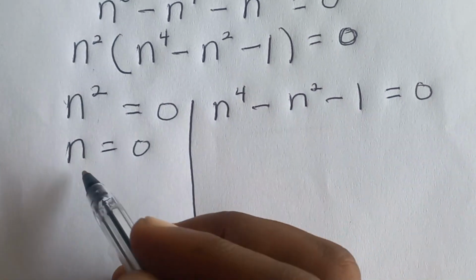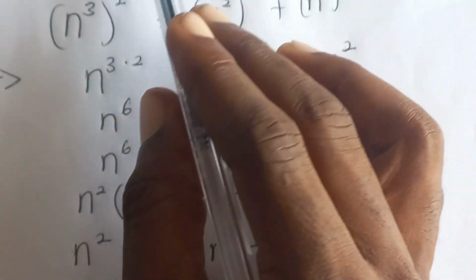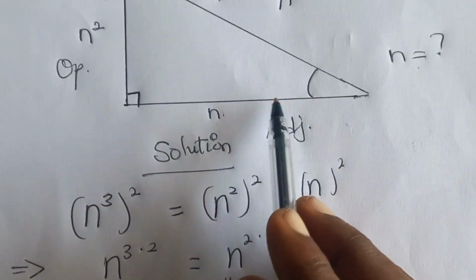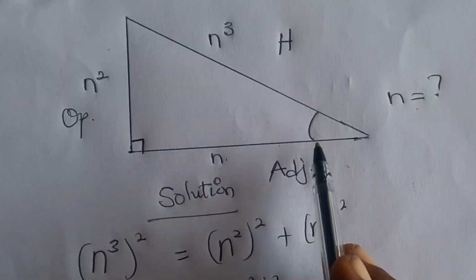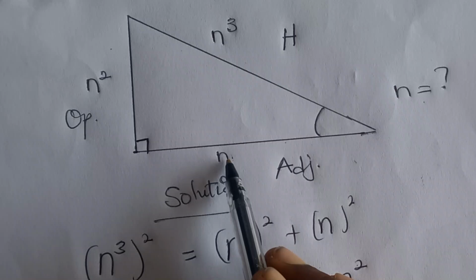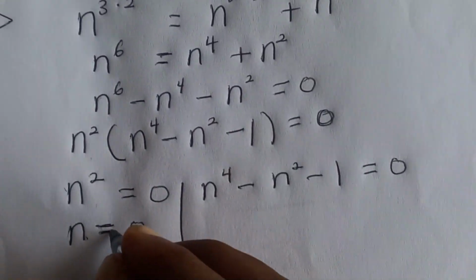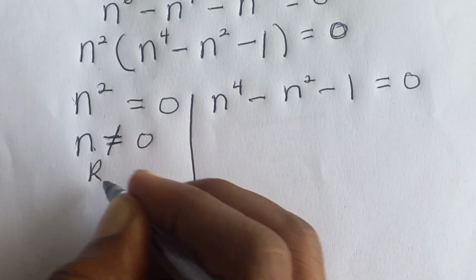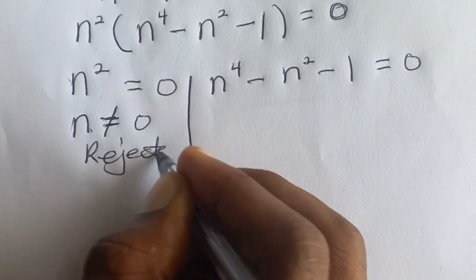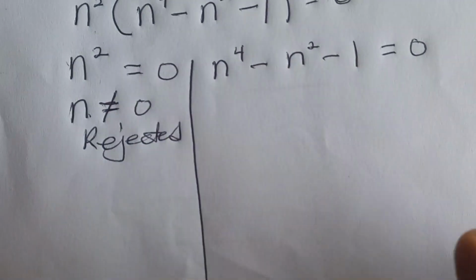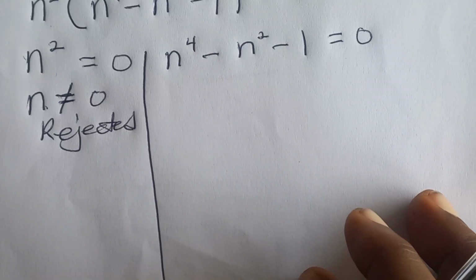Now, let's analyze this. When n is equal to 0, you know this is a right-angled triangle. It means that n can never be 0. Okay? n can never be 0. So we say that we reject. So n is not equal to 0. So we reject. Rejected.